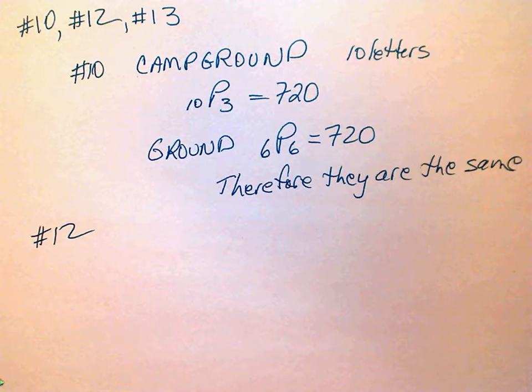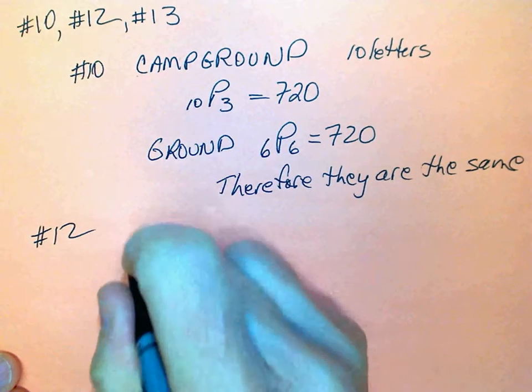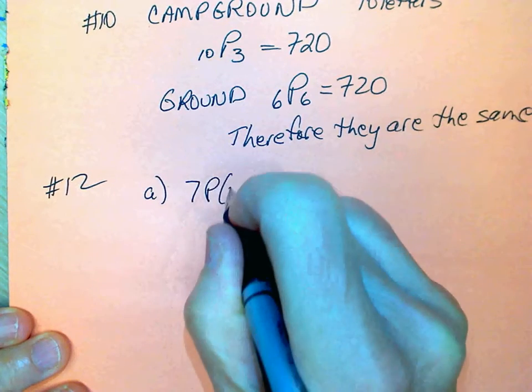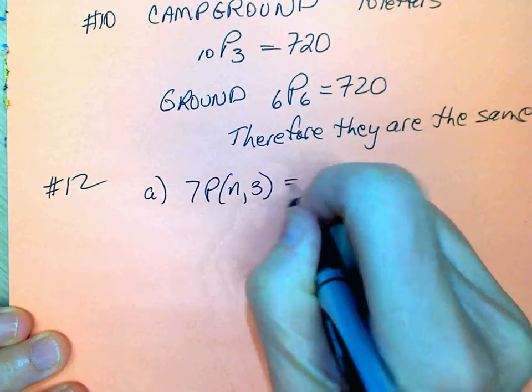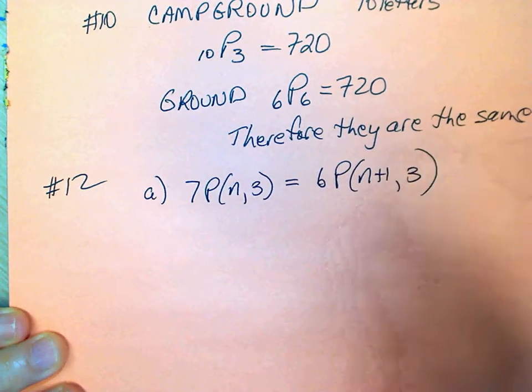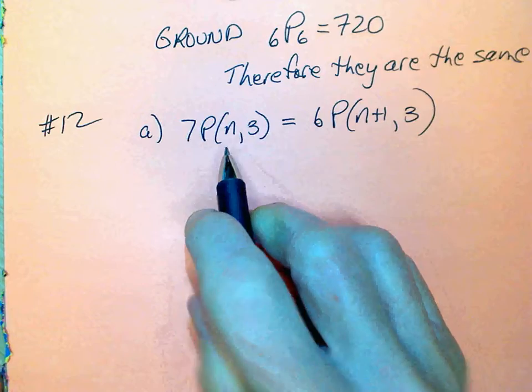Okay, number 12. Solve for n. Which one in 12 would you like me to do? A or B? A? Okay. So the equation is 7P(n-3)... 7 nP3 equals 6 (n+1)P3. So let's sub it into the formula.